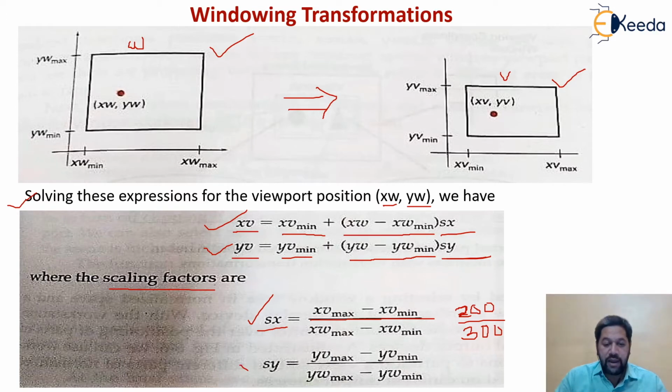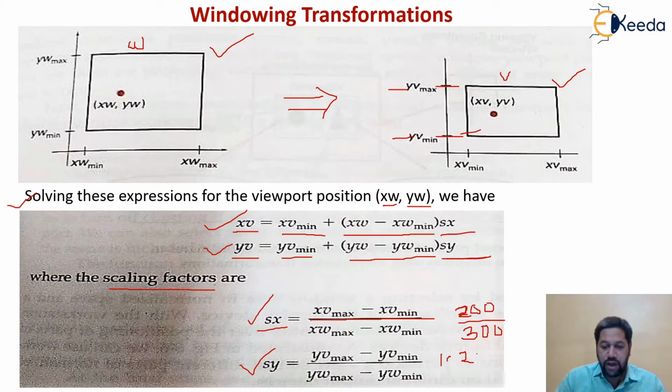Now for Sy I'm doing the same thing. For Sy, I have yv maximum minus yv minimum. Assuming yv maximum is 200 and yv minimum is 100, as we saw in the previous slide, the difference is only 100.